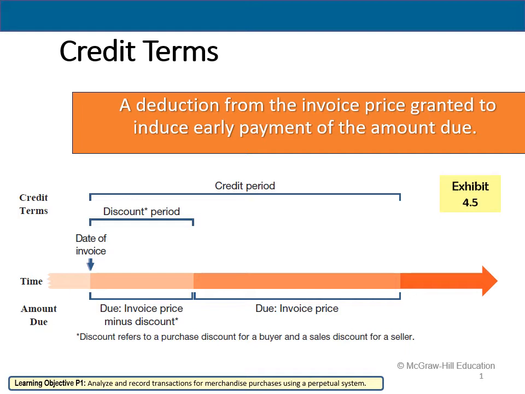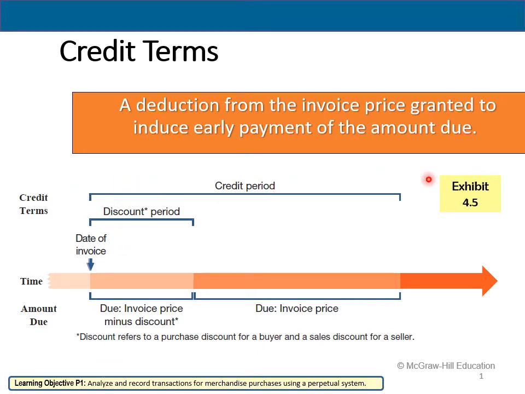So credit terms. With credit terms, typically they're going to be stated in a manner which we'll see on the next slide. But there's a credit period, which is how long the customer has to pay the invoice, all right?